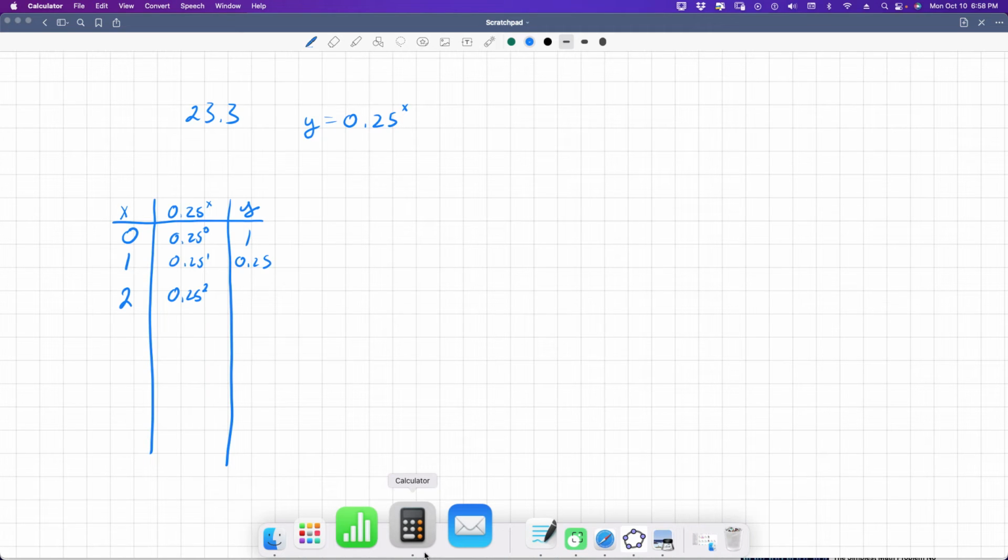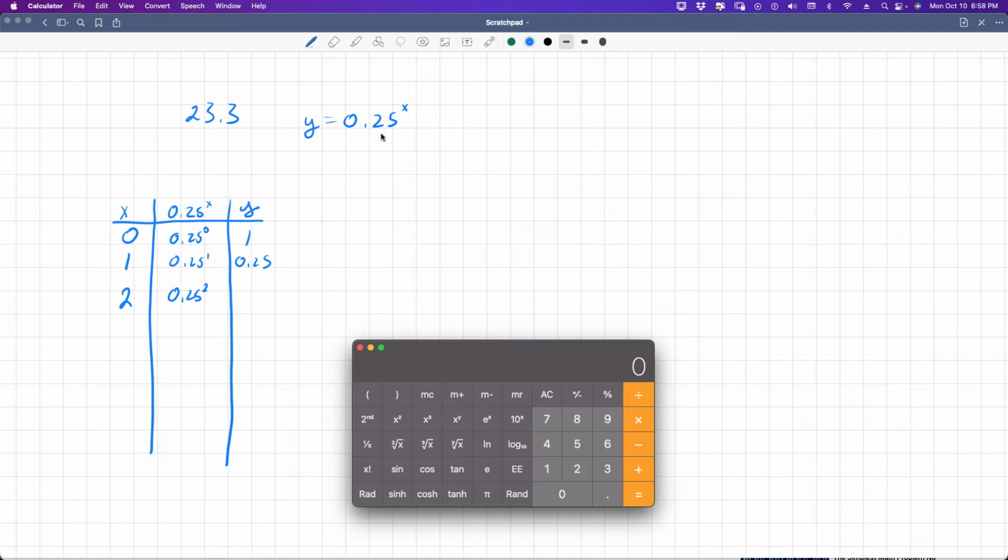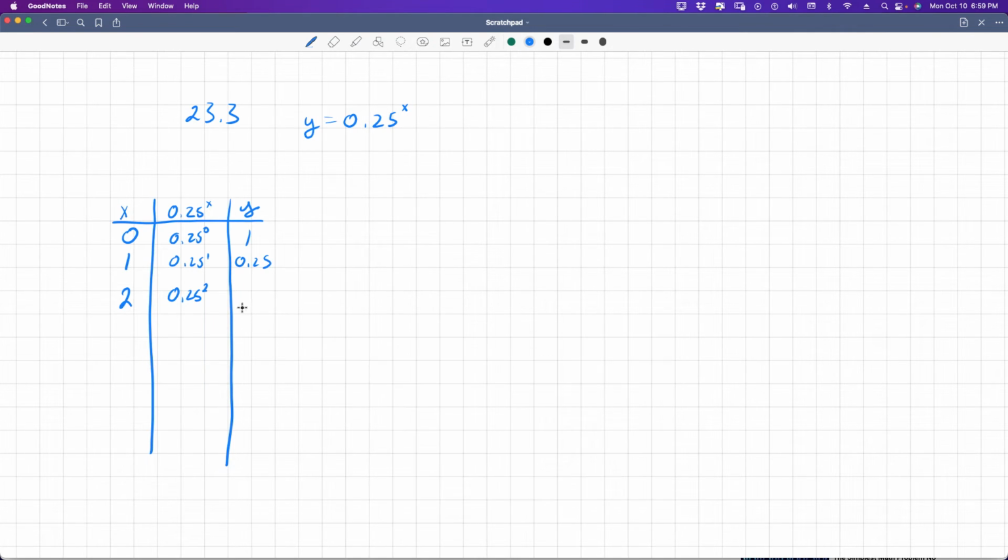Now this is less than 1. So this is telling me, because it's less than 1, it's going to be flipped, and our vertical asymptote is going to be on the positive side of the x-axis, and our asymptote is going to be on the negative side of the x-axis. So let's look here and see what 0.25 squared is, and that's 0.0625 is our answer.